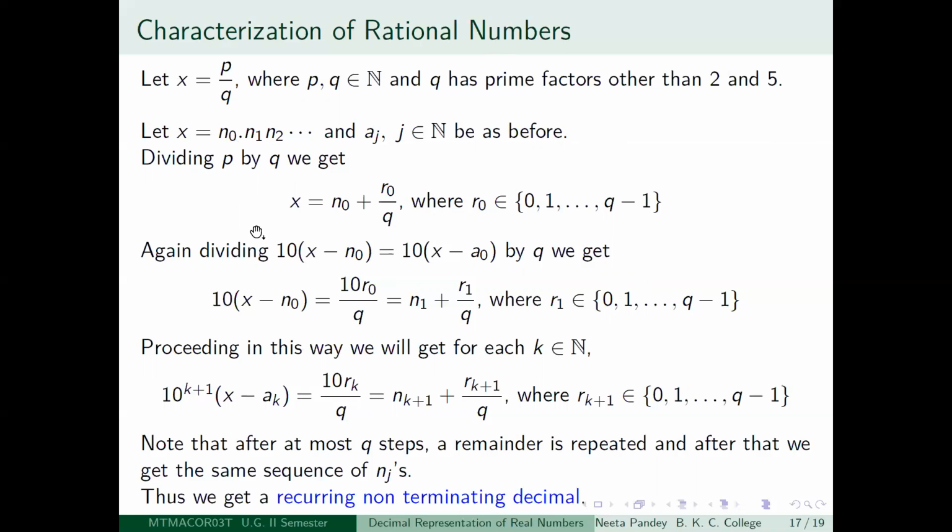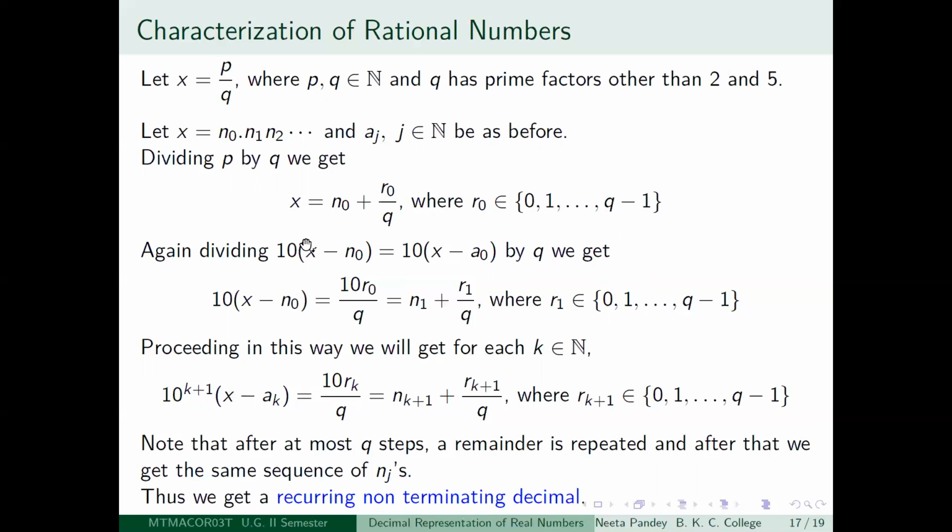Then you notice first of all that if you divide p by q, then you will get some integral part n0 plus r0 by q, where r0 is the remainder, so it will be one of the integers 0, 1, 2, etc., q minus 1. When you are dividing by q, the remainders can be only these numbers.